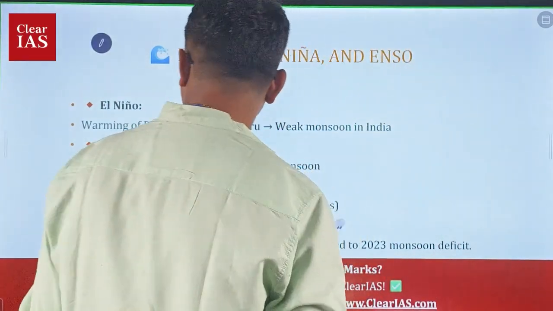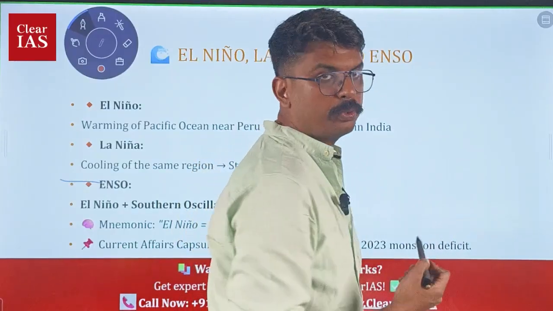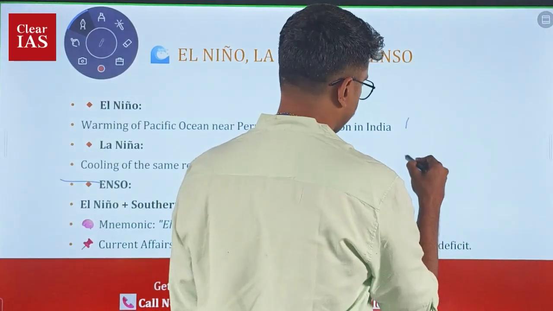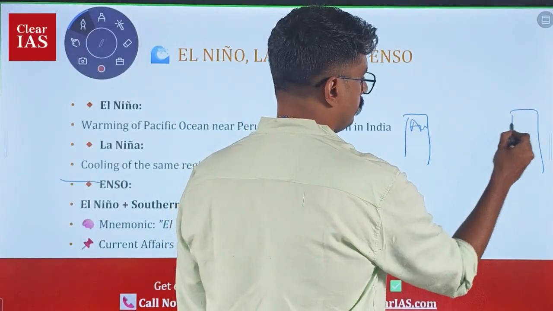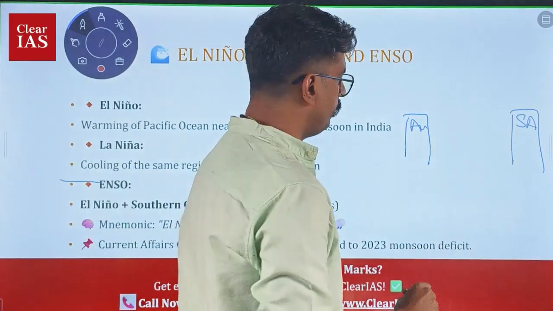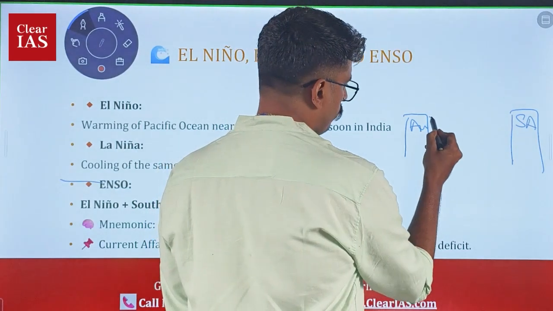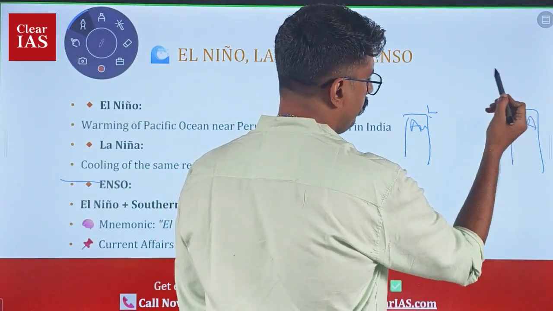Okay. So now I'll explain it once more. I'll explain both the parts together. So, normal conditions, Australia, South America. Normal condition and La Nina. We are talking about this. Warm current in Australia, low pressure there, high pressure here.